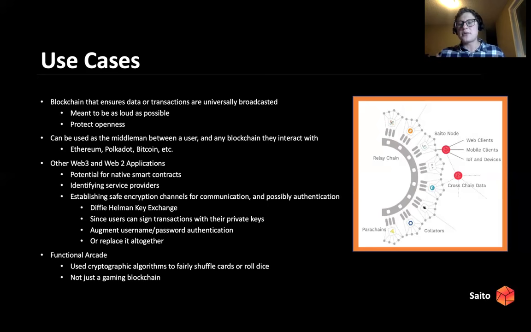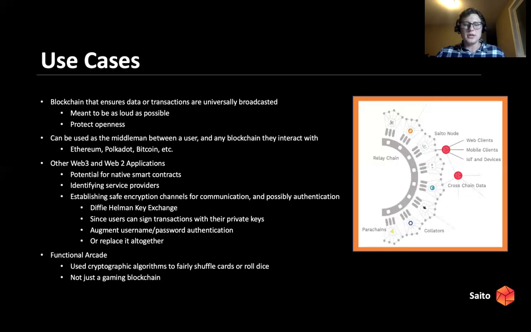As long as they have their private key, they could sign their messages using their private key, and the endpoint that they're communicating with would already know that they are genuinely interacting with that person. So it could augment username or password authentication, or it could actually replace it altogether, which I think is a huge possibility.